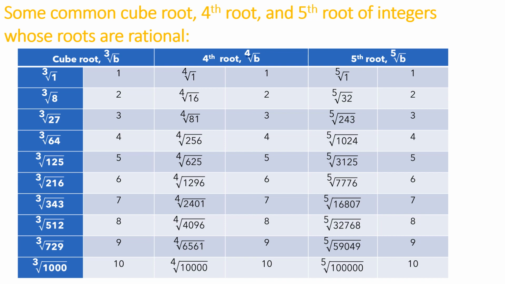For fourth root, when we multiply 1 by itself 4 times, we obtain 1, and then 2 times 2 times 2 times 2, we will have 16, and so on. We also have here the fifth root. You can check it out before we proceed, or you can take a screenshot of this table. Okay, now we can proceed.